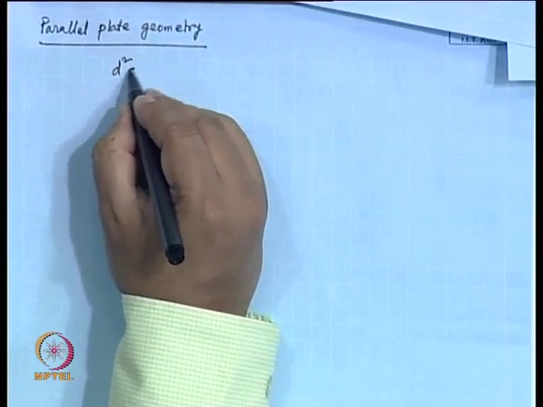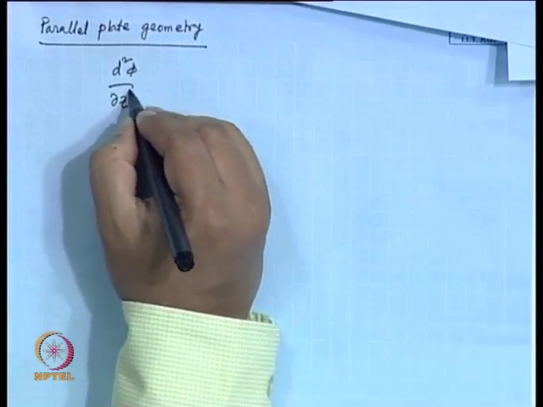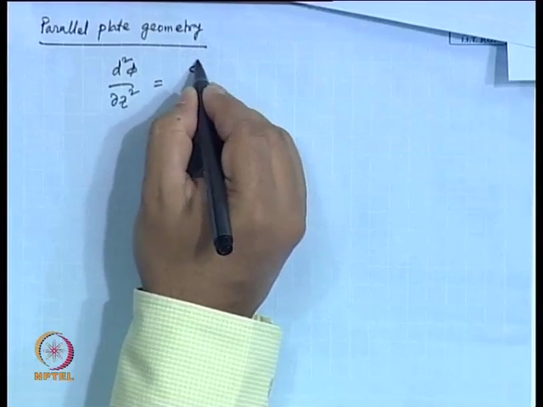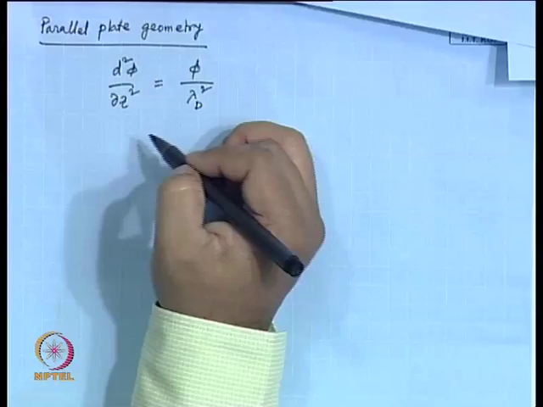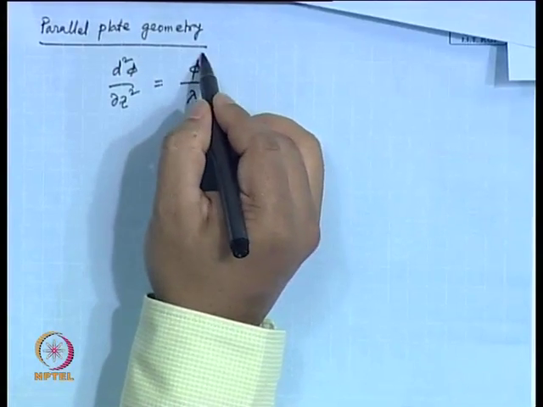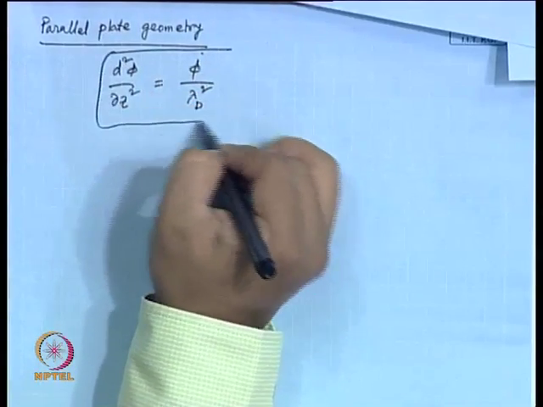This equation I do not have any doubt with. This equation will remain the same, 1 by lambda d square into phi. That was the governing equation, and it remains the same.